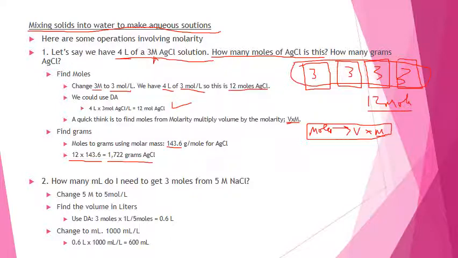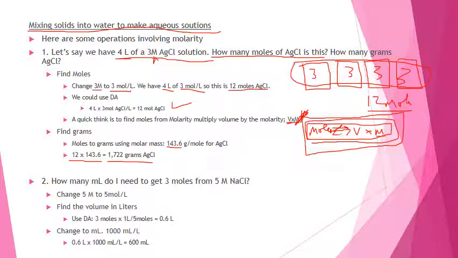This is used a lot in stoichiometry. When you have aqueous solutions, this is really going to be your big formula. You're going to be using this relationship to figure out the moles.